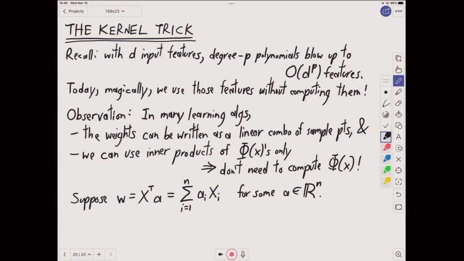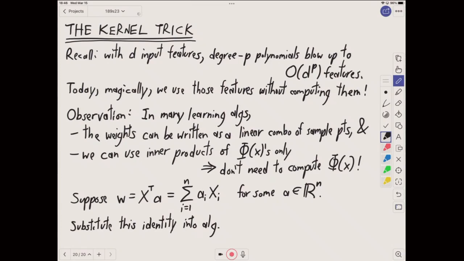So if we know that we have an algorithm that has this property, and I will show you soon that several of the algorithms we've already learned do have this property, then what we can do is we can substitute this identity into the algorithm or into the objective function of the algorithm. And now we have an optimization problem in terms of a rather than an optimization problem in terms of w.